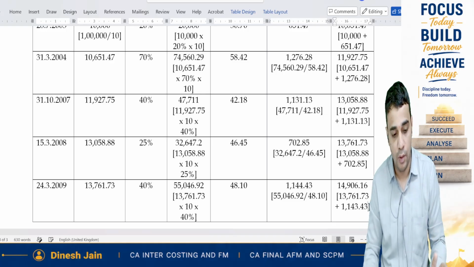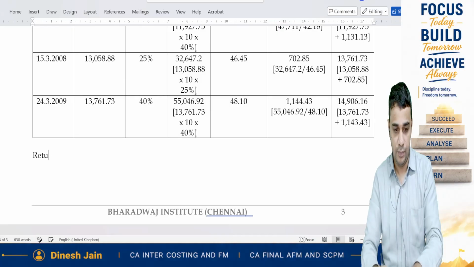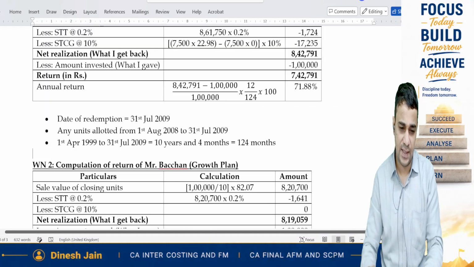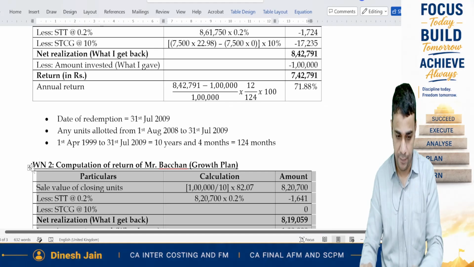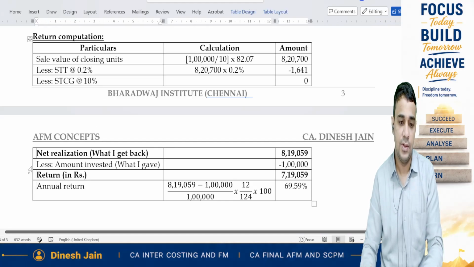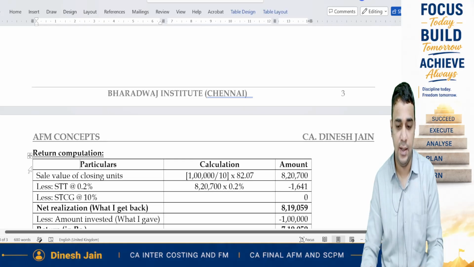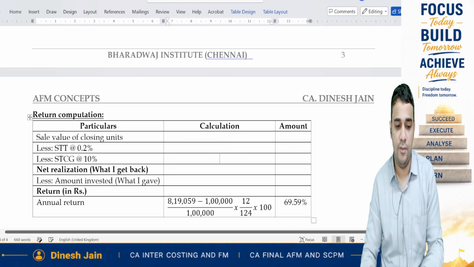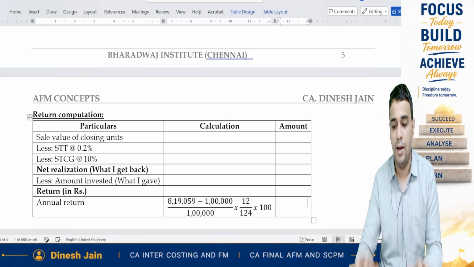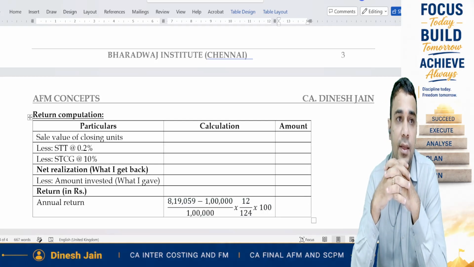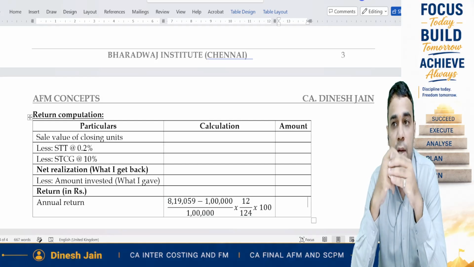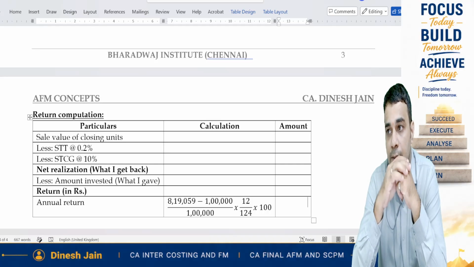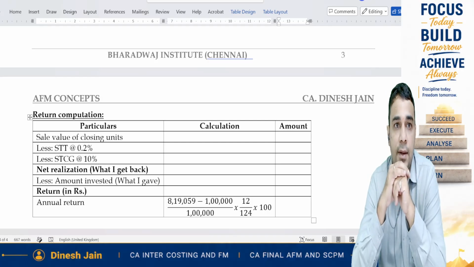Can we proceed now? Okay, return computation. Repeating the same table. I don't want to change the table itself. Write the table first. Sale value less STT, STCG, net realization, annual return. We'll try to keep it in the same format.